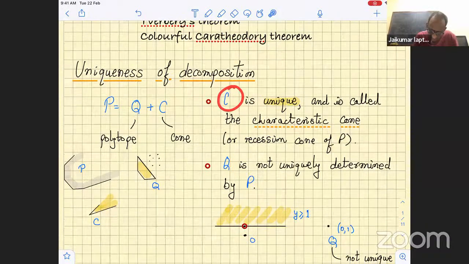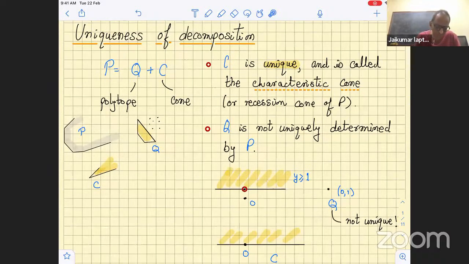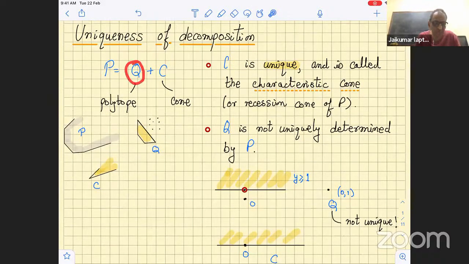There are situations like this where there's no way to identify a unique polytope which will generate this polyhedron.